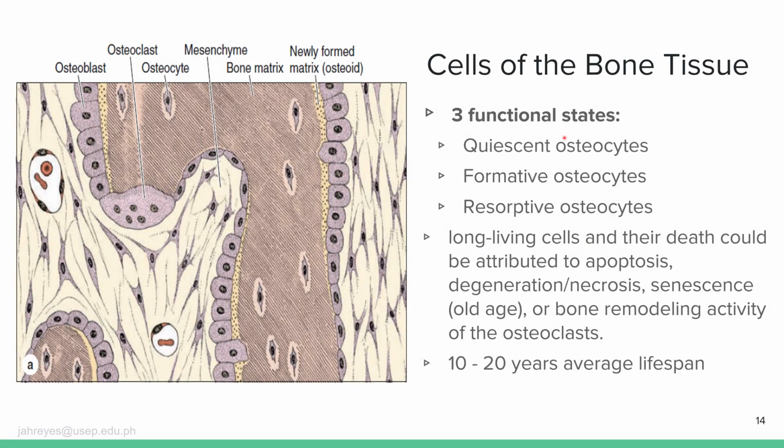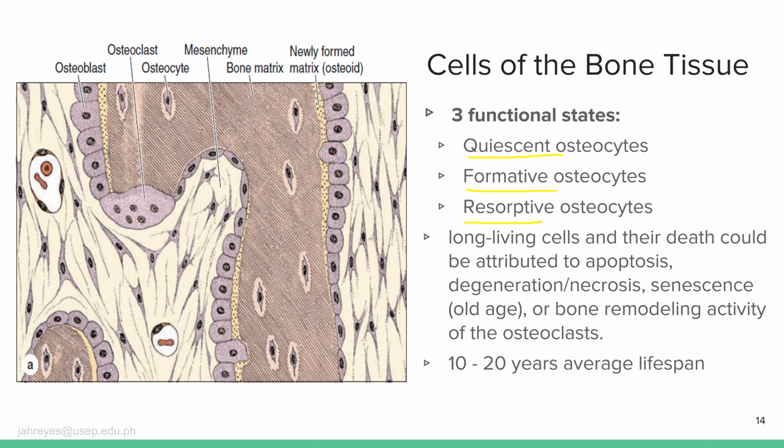So we have three major types of osteocytes according to their functional states. We have the quiescent osteocytes, the formative osteocytes, and the resorptive osteocytes.